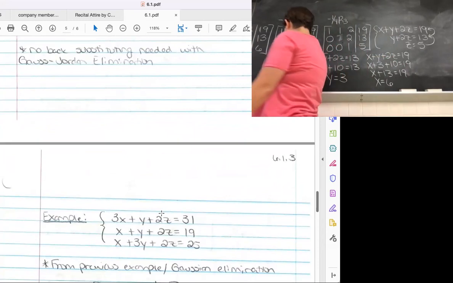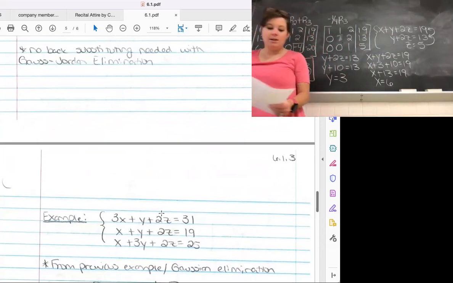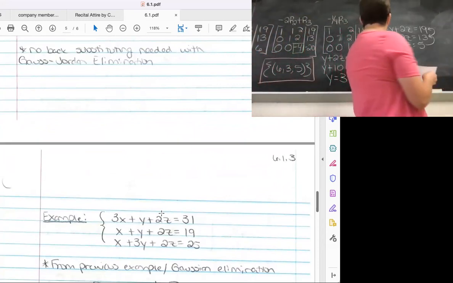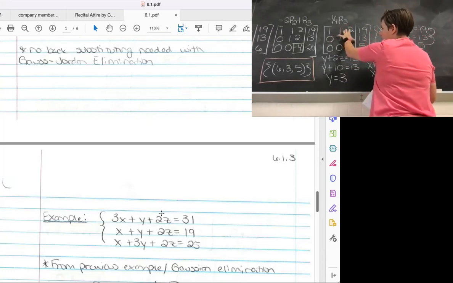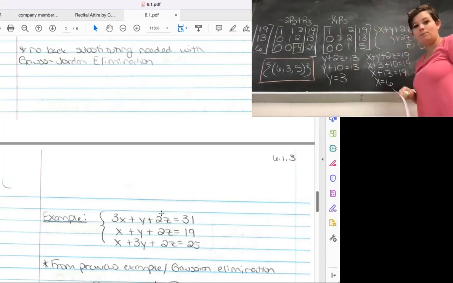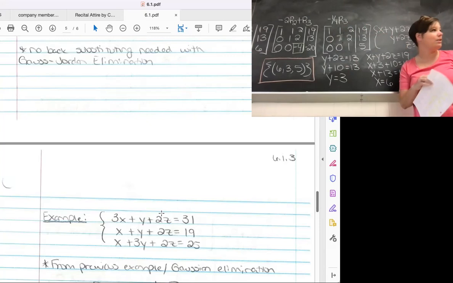Okay? So I'm going to rewrite our row echelon form, and then we're going to continue on with it.